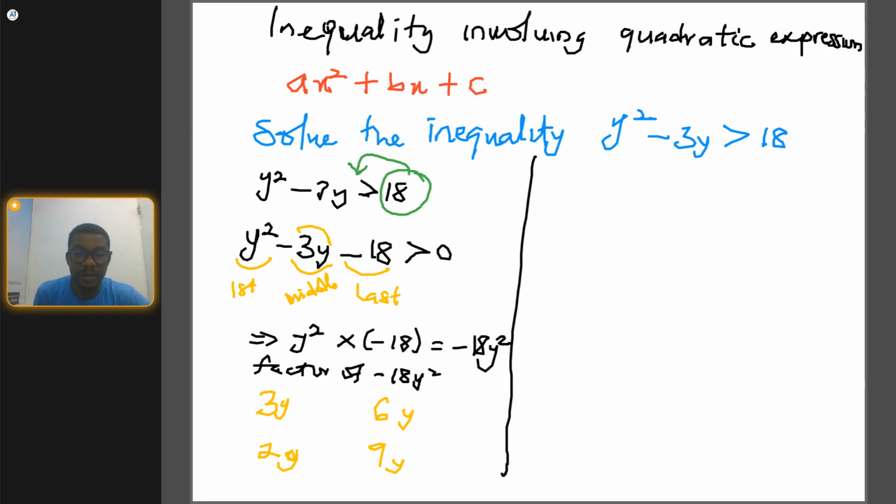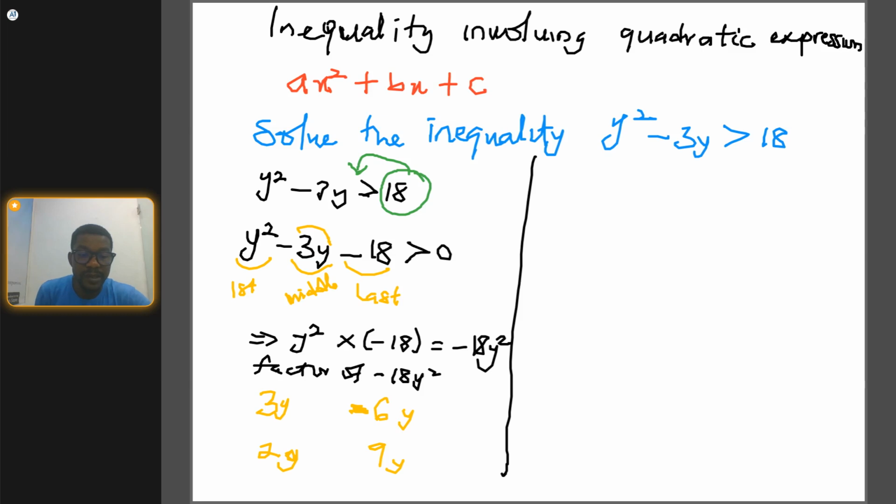3 and 6. Thank you for your response. Now, we give minus to who? Should we give minus to 3 or minus to 6? Of course, we are going to give the minus to 6. So when we give the minus to 6, we have 3 minus 6. The answer is minus 3y, which is the middle term.